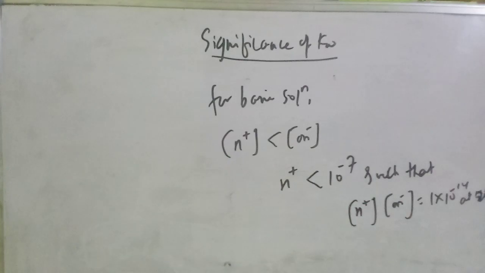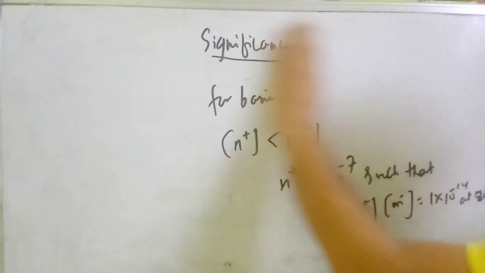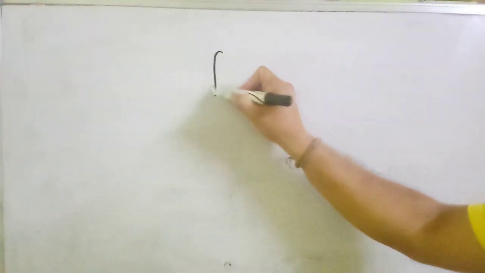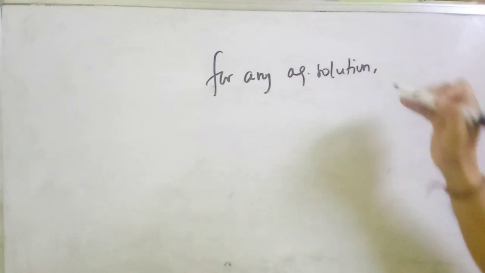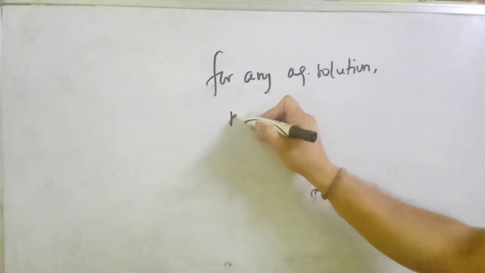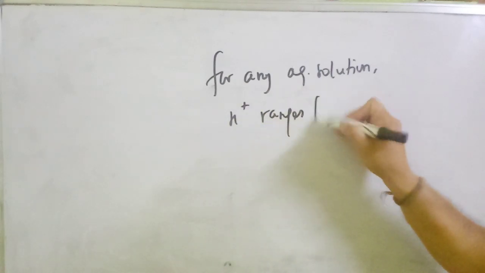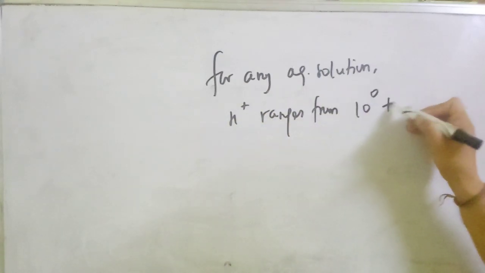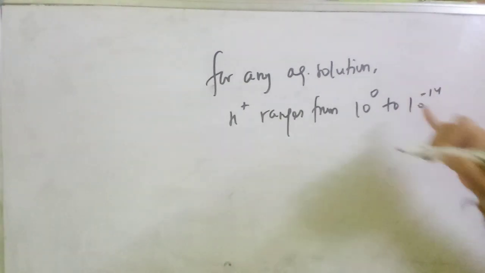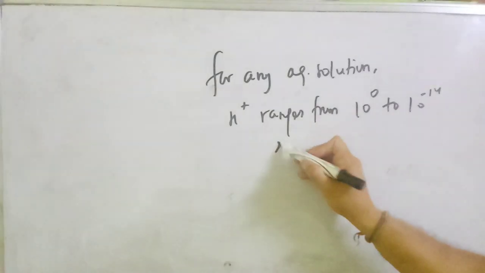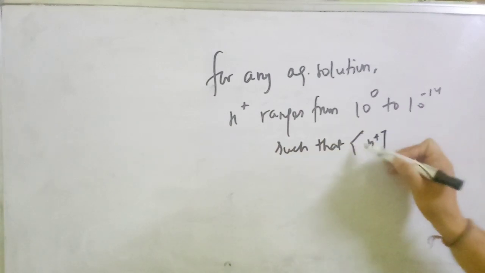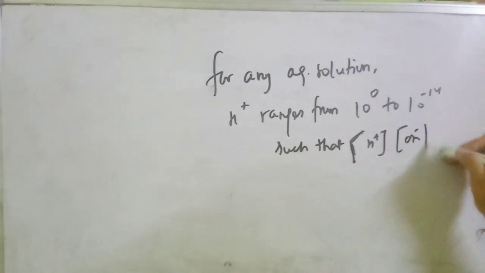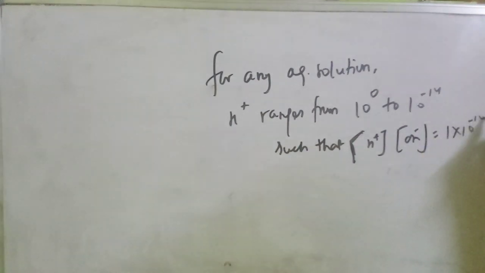What we can understand from this discussion is that for any aqueous solution, H plus ranges from 10 to the power 0 to 10 to the power minus 14, in such a way that the product of H plus and hydroxide equals 1 into 10 to the power minus 14.